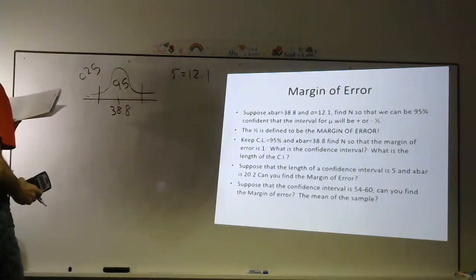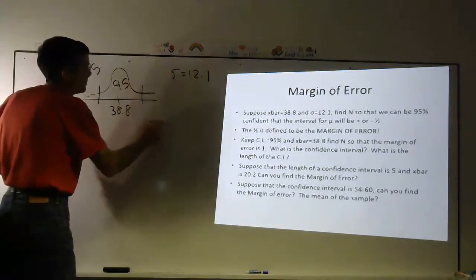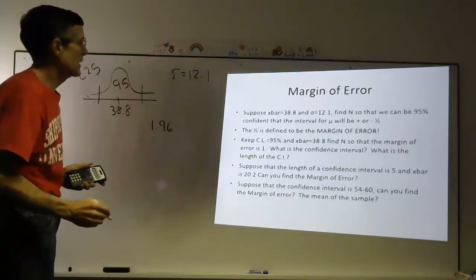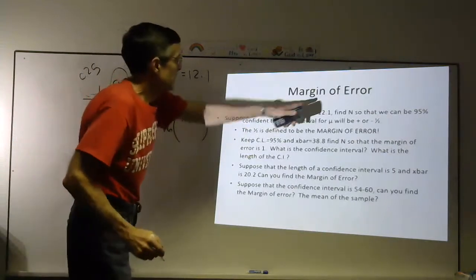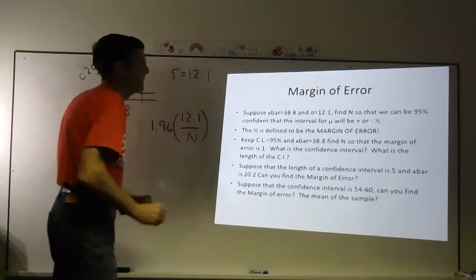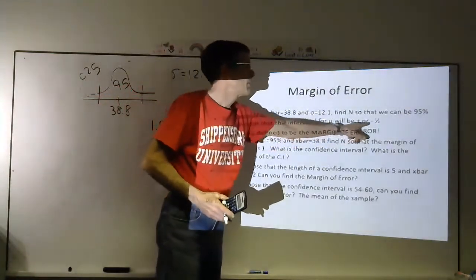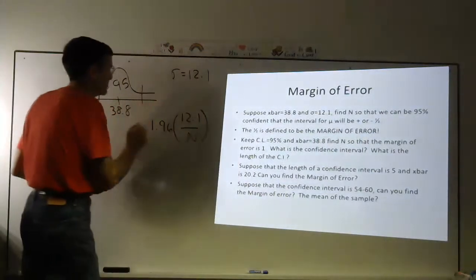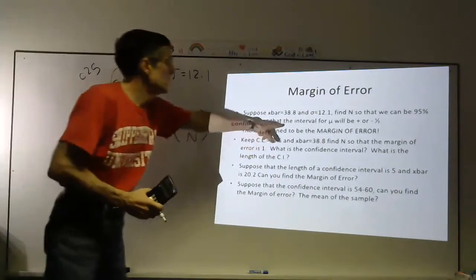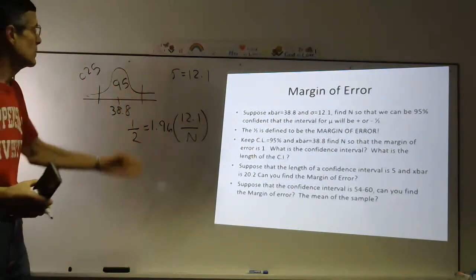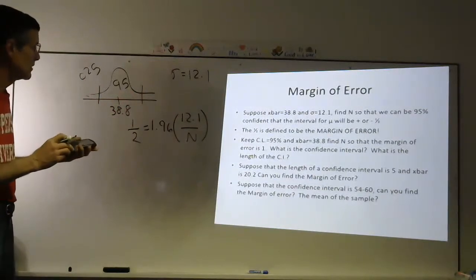It's 1.96 and negative. So I have 1.96 times 12.1. We want to find n so that we can be 95% confident that the interval for mu will be plus or minus a half. Plus or minus a half, that 1/2 is defined to be the margin of error. Okay, so can we solve this? We did many of these, just a couple of minutes ago, so let's do it again.